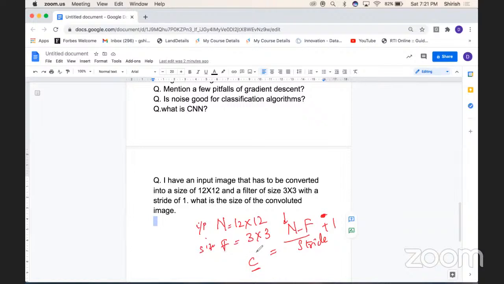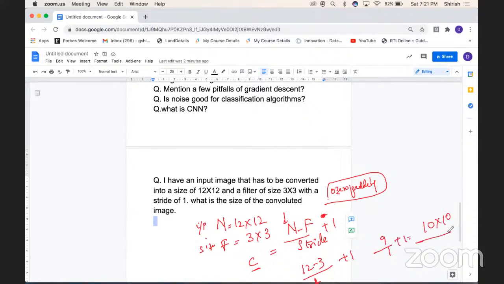And I should also add padding, right? If I'm saying that there is no padding, assume that you have 0 padding. No padding is done here. So what is the answer for this? You have (12 minus 3) by stride 1 plus 1, which is equal to 10 by 10 as your output, for this particular filter size with stride 1 and the input with 0 padding.